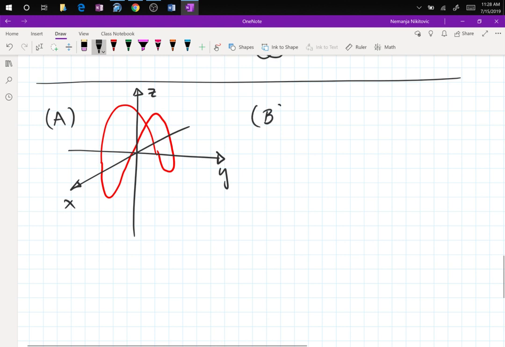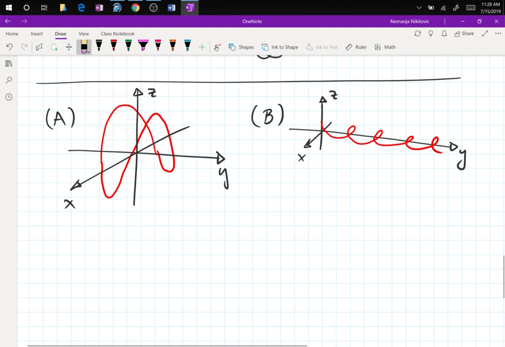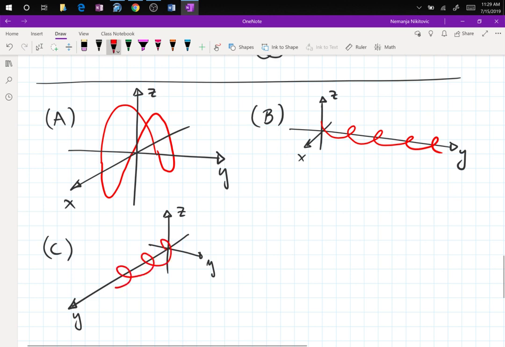Then we have B. B is going to be X, Z, Y, and it seems that it's wrapping around Y. C is going to wrap around X, so we'll draw like this. And then just have it go like that.